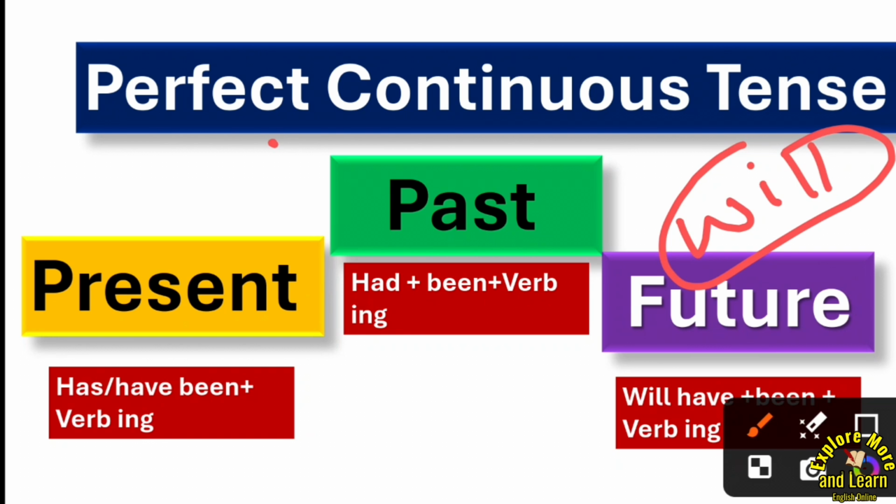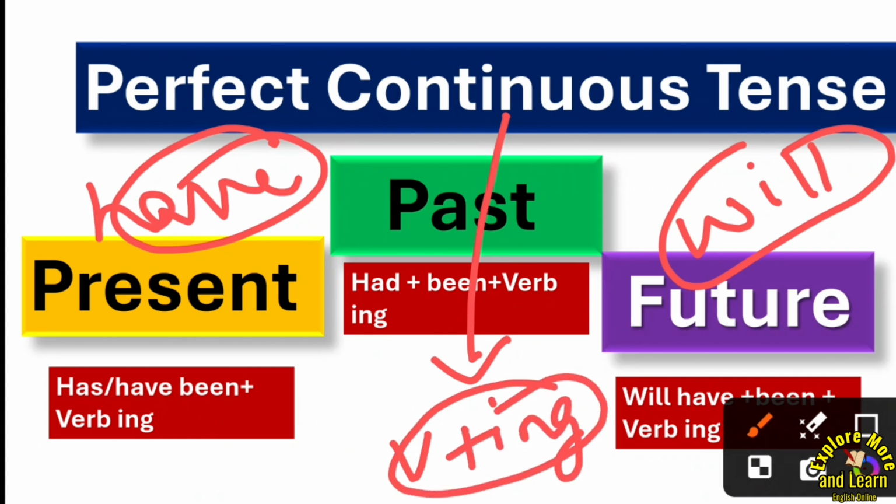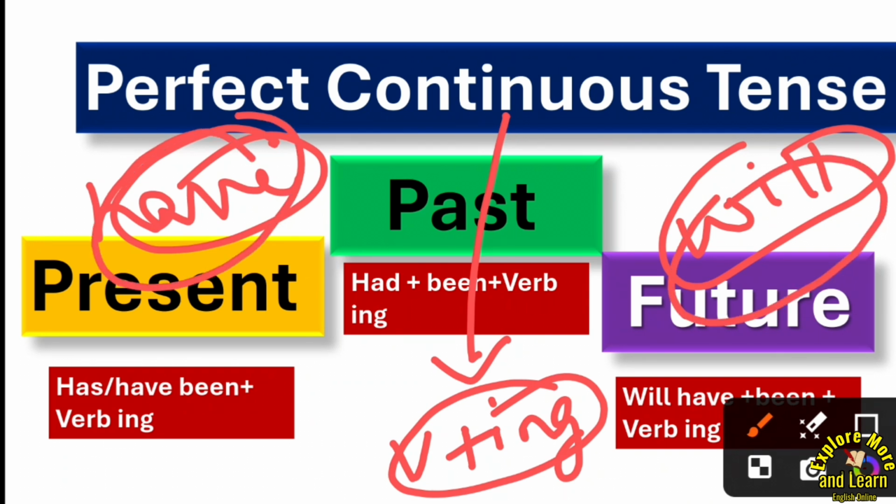You will take will for future, you will take have for perfect, and what will you take for continuous? You will take verb in ing form for continuous tense. So the name itself reveals the basic structure, or you can say the rule for the sentences. What is that? Future perfect continuous tense. So take will for future, take have for perfect, and take verb in ing form for continuous.